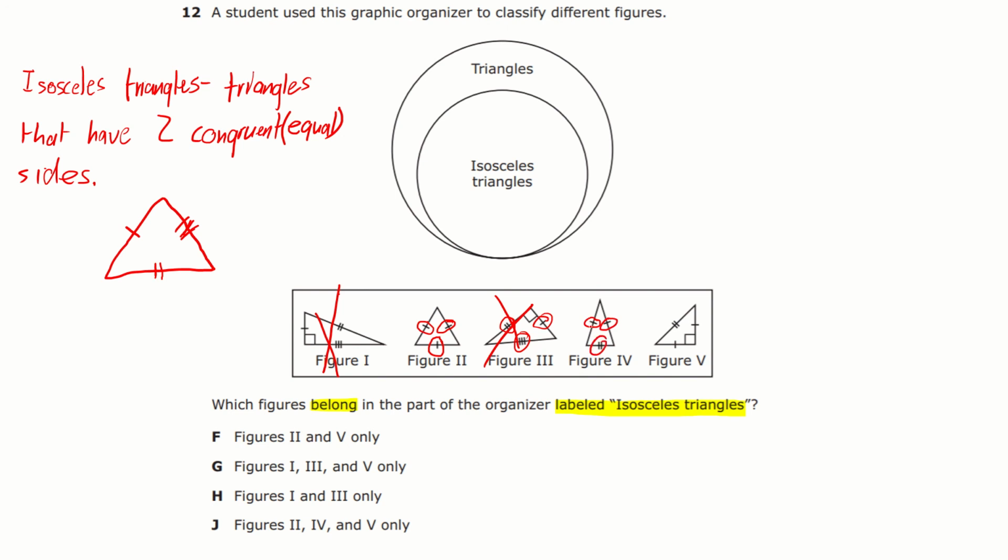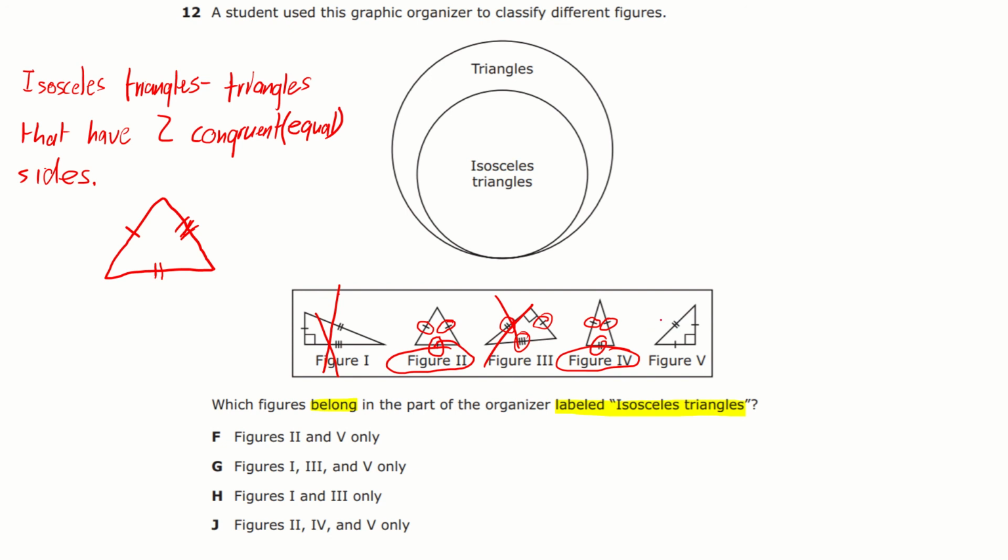And since we see that these two top sides have the same number of tick marks, they're both congruent. So that means this figure is an isosceles triangle. So figure 4 and figure 2 are isosceles triangles.